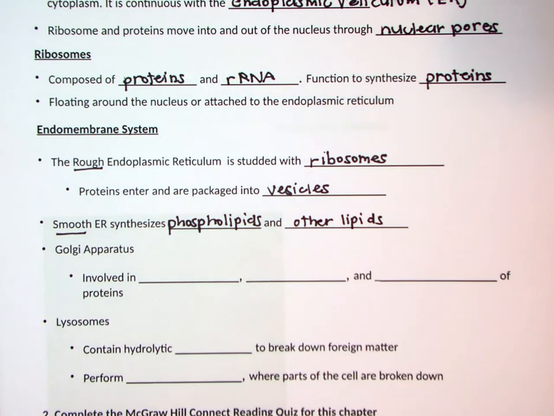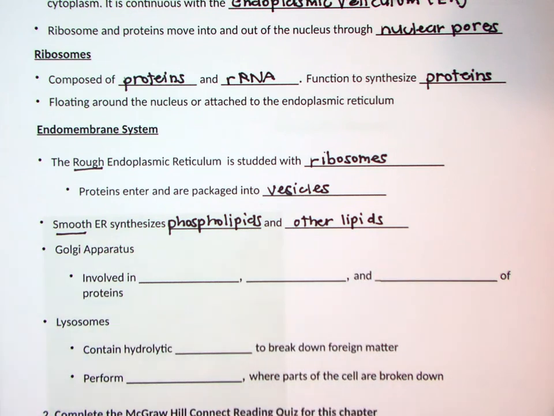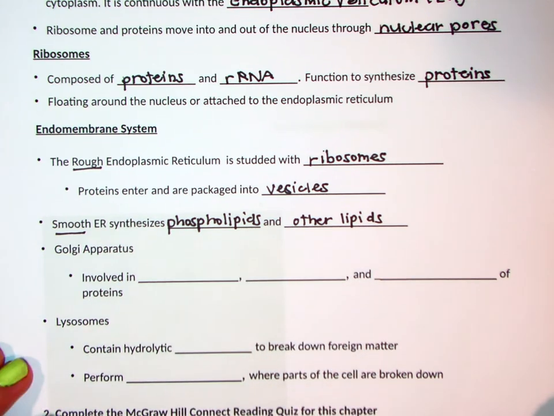So I don't know if this will help you remember, but I think smooth like butter. I don't know if that's in a song or what or why I even have that in my head. But the smooth makes phospholipids and other lipids, basically fats, which is butter. So smooth like butter. I don't know if that will help, but that's how I remember it.